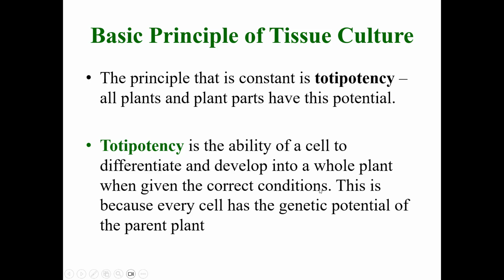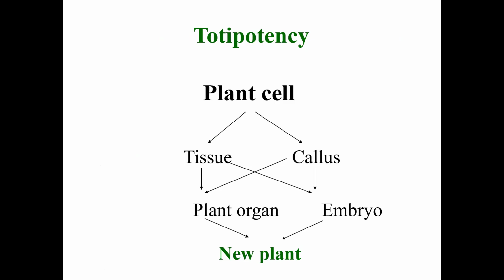When given the correct conditions, nutrition, hormones, and other conditions must be congenial so that a single cell of a plant can differentiate and develop into a whole plant. This is because every cell has the genetic potential of the parent plant. This is the real principle of totipotency.